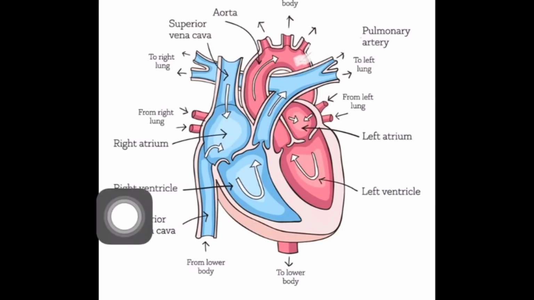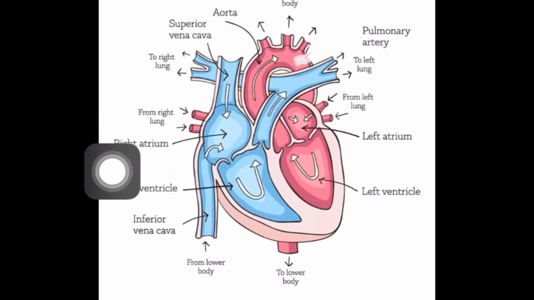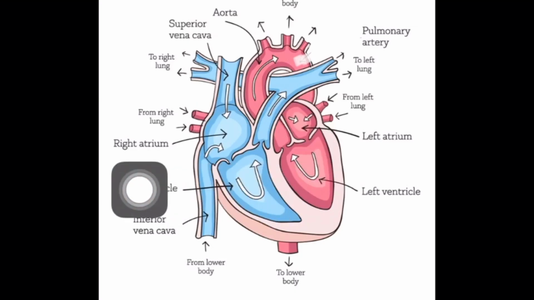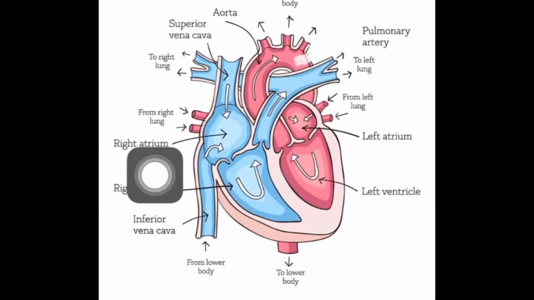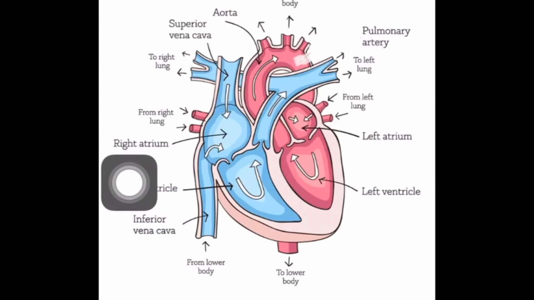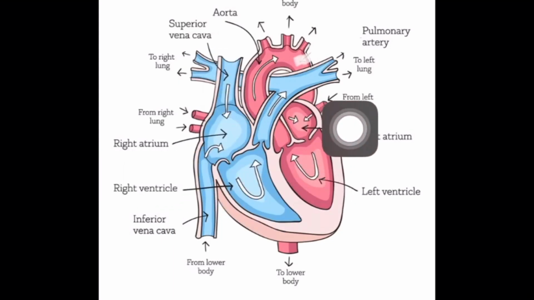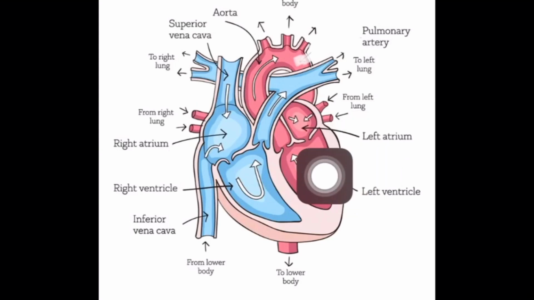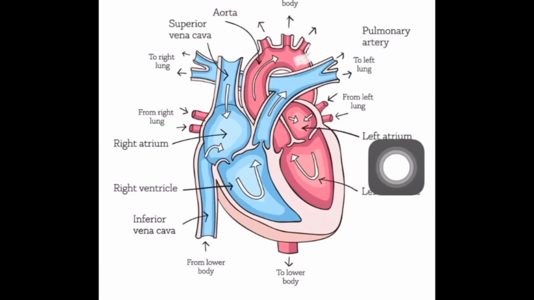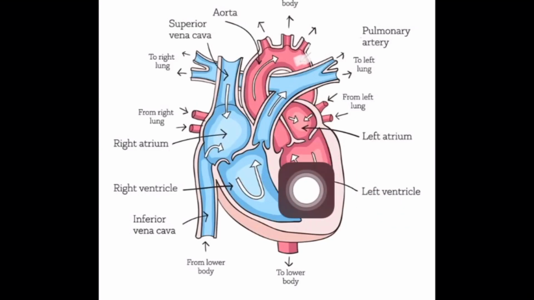If you talk about the structure of your heart, it has four major chambers: the right atrium and right ventricle on the right side, and two major chambers on the left side, the left atrium and left ventricle.